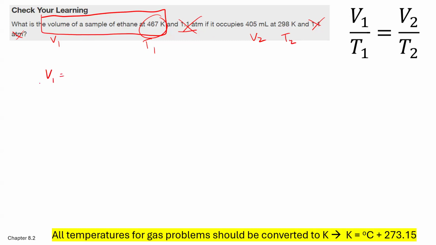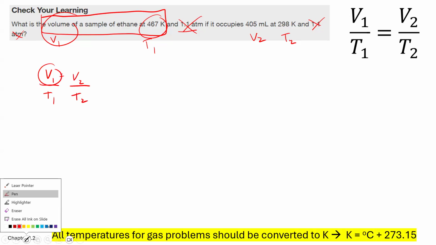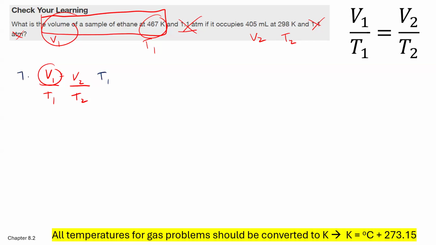V1 over T1 equals V2 over T2. We're looking for V1. Let's move some stuff around. T1 on both sides, T1 cancels out. So we have V1 equals V2 T1 over T2. Let's just plug this stuff in.